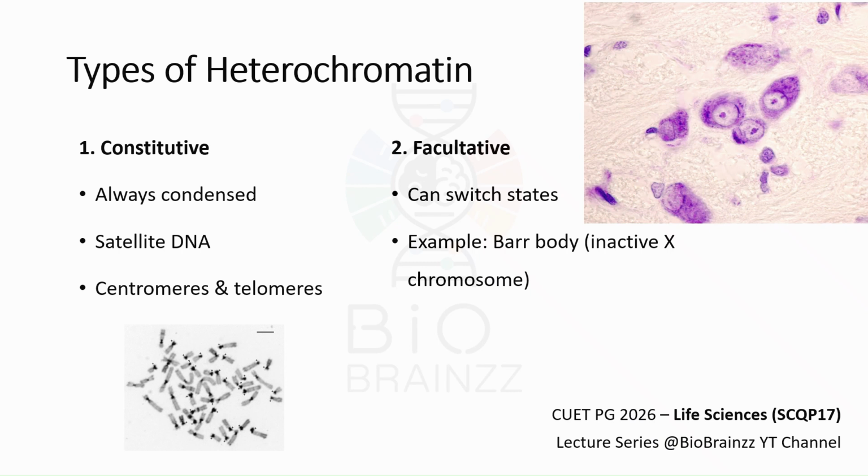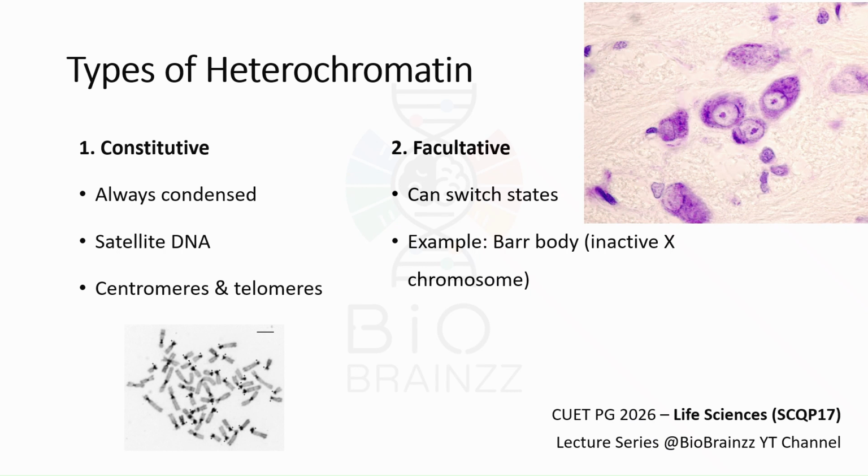Now, let us further classify heterochromatin into two main types, constitutive heterochromatin and facultative heterochromatin. First, we will discuss constitutive heterochromatin. This type of heterochromatin is always condensed in all cells. It mainly contains satellite DNA, which is highly repetitive in nature.